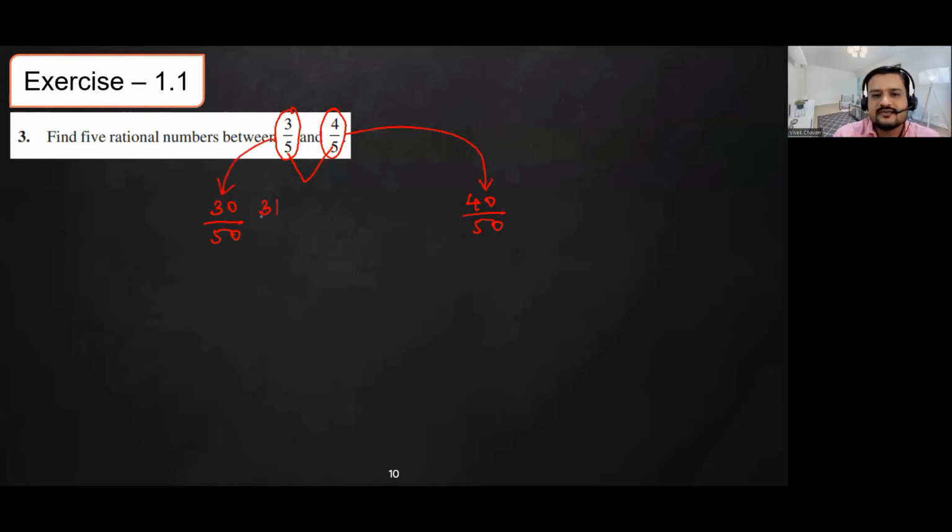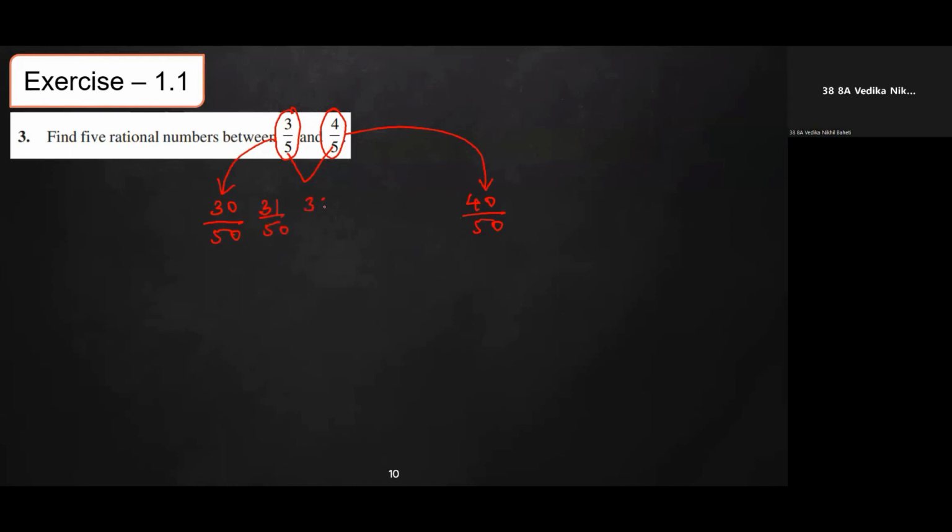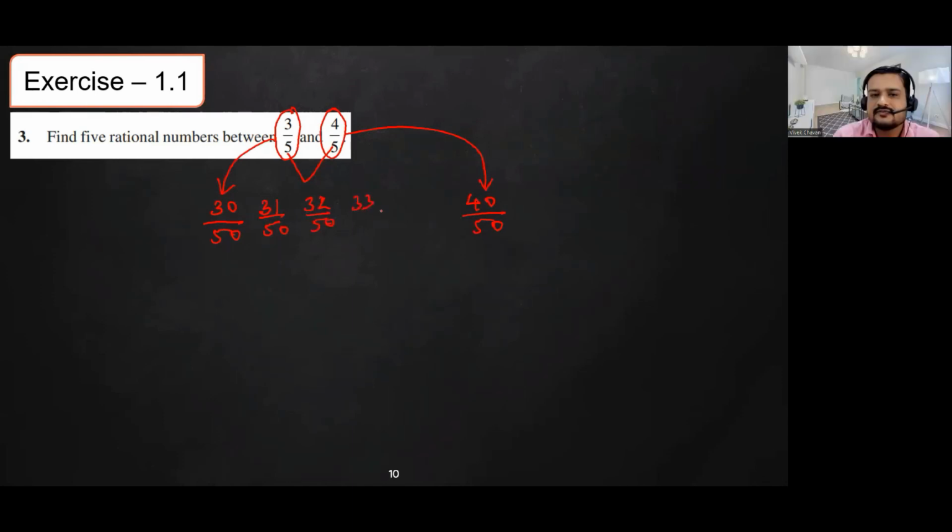So 31 by 50, 32 by 50, 33 by 50, 34 by 50, and 35 by 50.